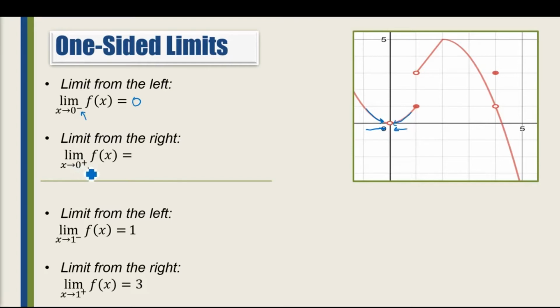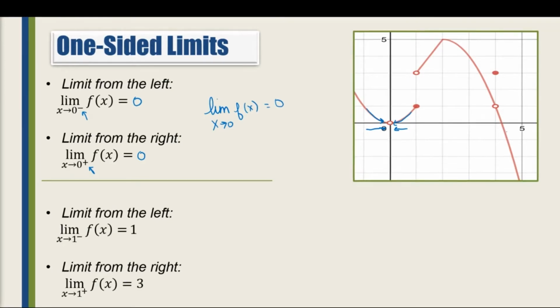So the limit as x approaches 0 from the right of f of x is also equal to 0. And remember, we've already determined that this two-sided limit as x approaches 0 of f of x is equal to 0.